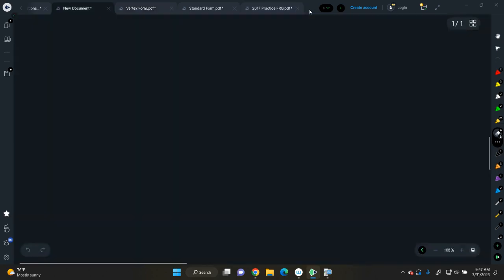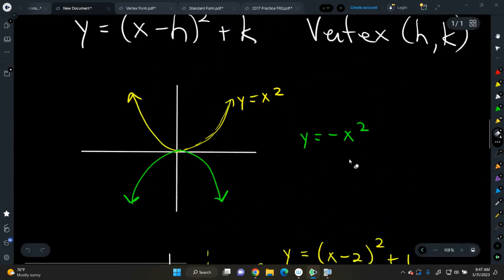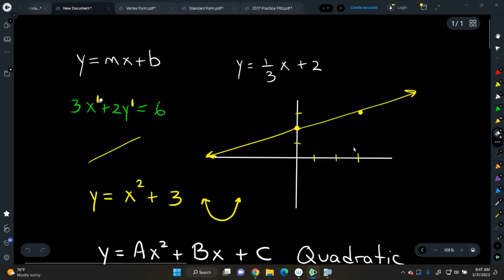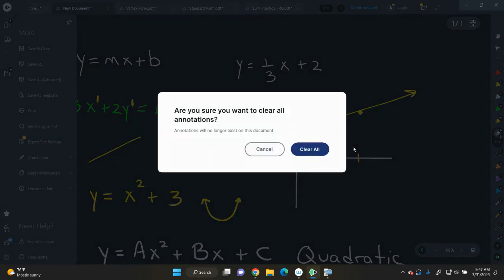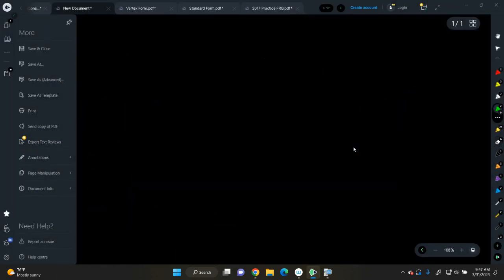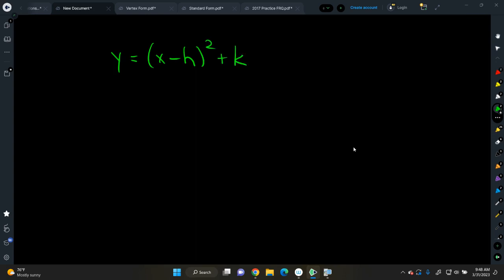So what we just spent time on was what we call the vertex form of the quadratic equation. The advantage of the vertex form is that we immediately can identify the vertex and the axis of symmetry.